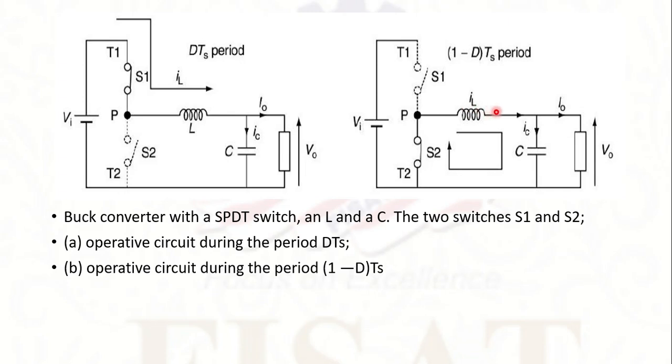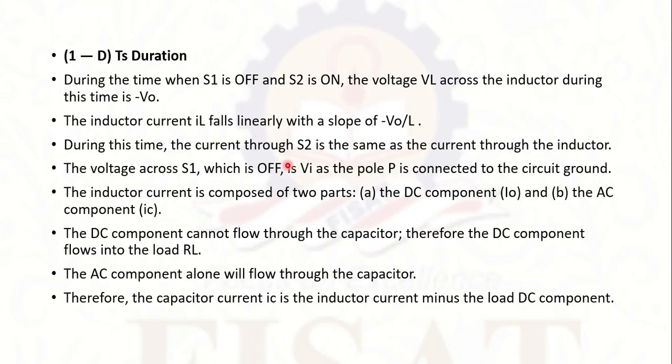So the voltage across the inductor, VI minus VO, becomes negative. The reason is VI becomes 0. So VL is equal to 0 minus VO, that is equal to minus VO. Therefore, the inductor current IL is equal to minus VO by L.